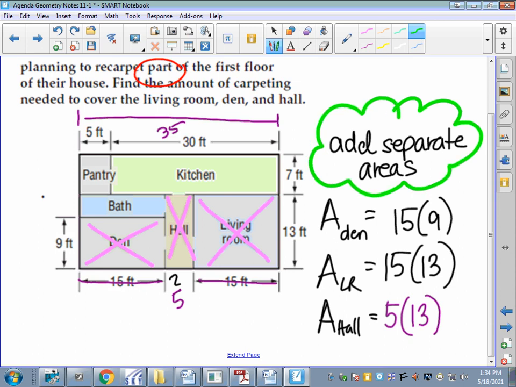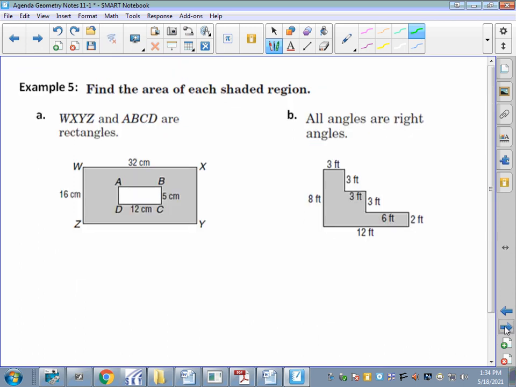And then we throw in this one, which is even better. We'll just do the first one. So part A, it says to find the area of each shaded region. It's like a rectangular donut, right? Would you agree that I'm taking rectangle ABCD out of WXYZ in example 5A? Well, take out is actually literally a math clue.